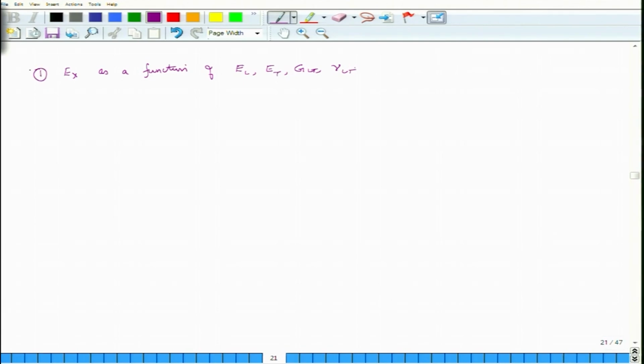So this is the first thing. Similarly, we will develop a relationship for EY, MX, MY, GXY, nu XY, nu YX. Okay. So we will do all this. So how do we do this?